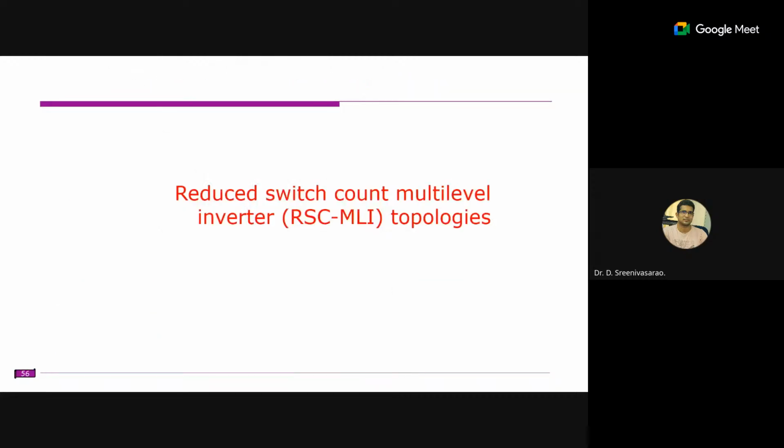And next we move to the other topic. This one is known as the reduced switch count multilevel inverters. The drawback with conventional inverters is that the number of switches is more, the complexity is more, and the blocking voltage of the individual switches is more, right?